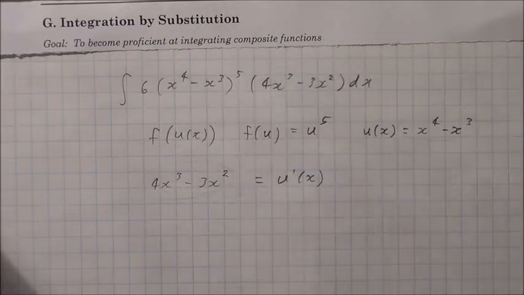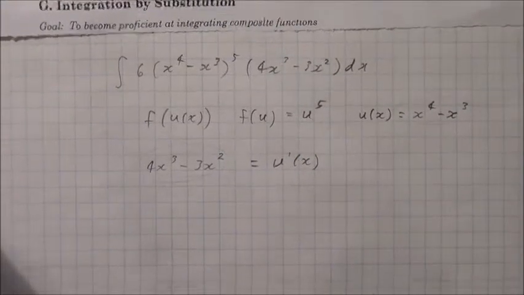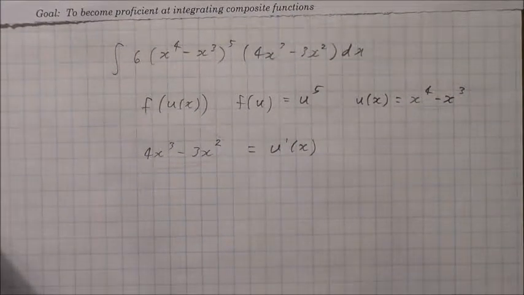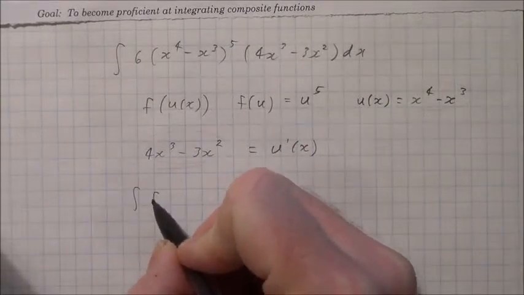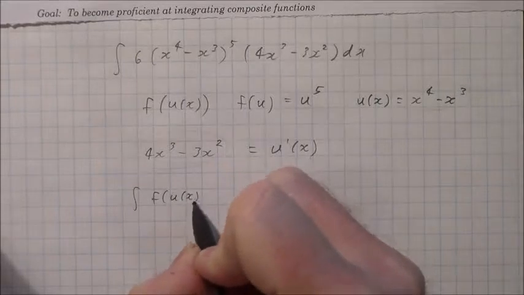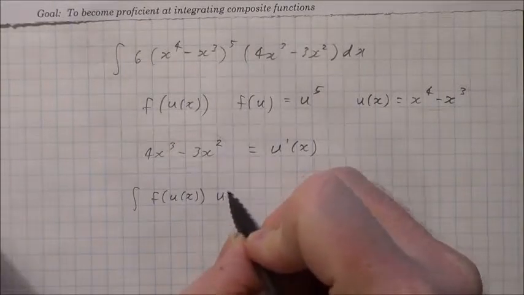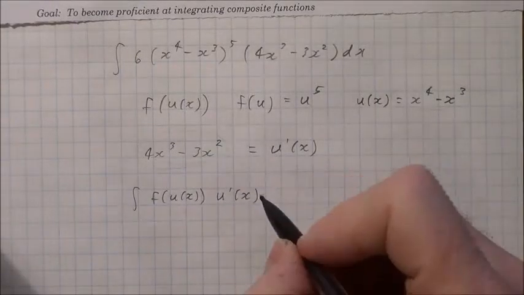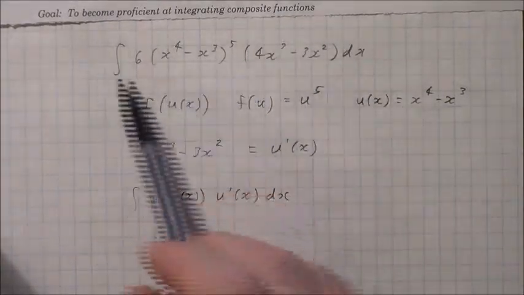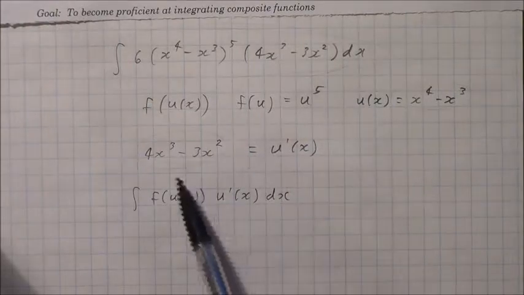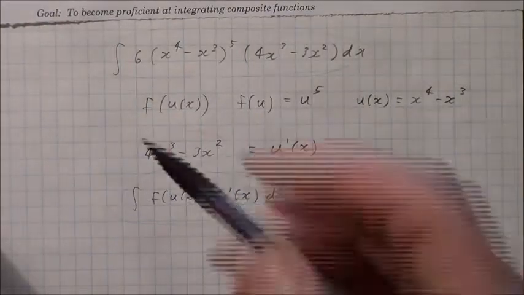That's how these things are going to be presented to us. So we can write this integral as f of u of x multiplied by u prime of x dx. This is written in general terms as this.